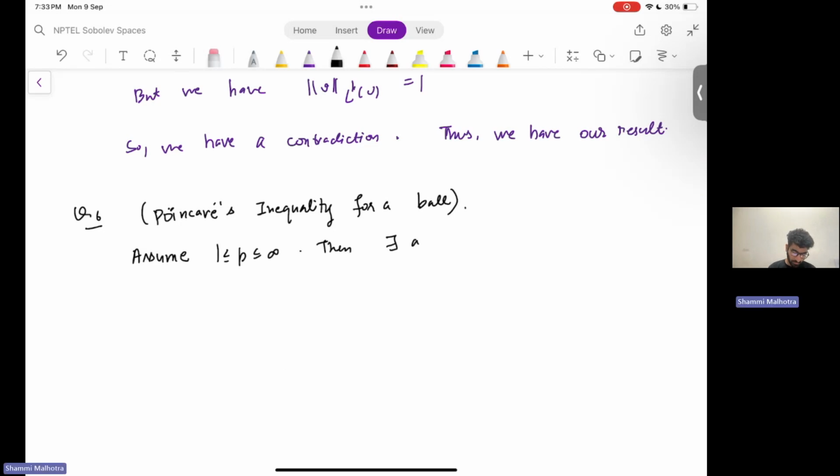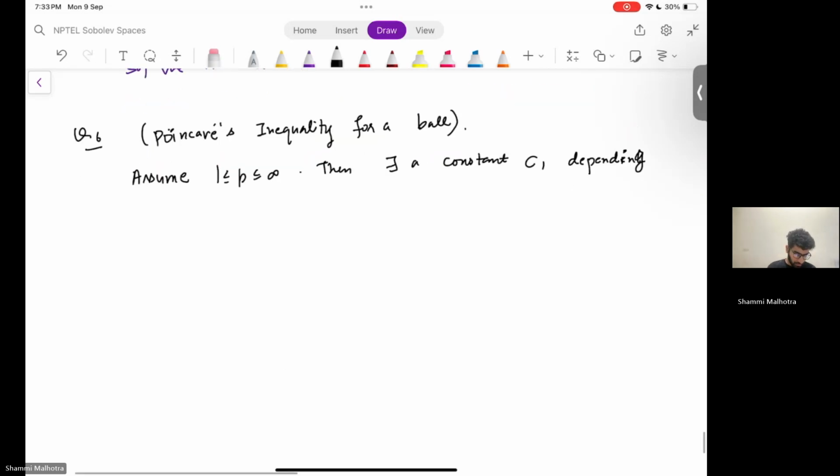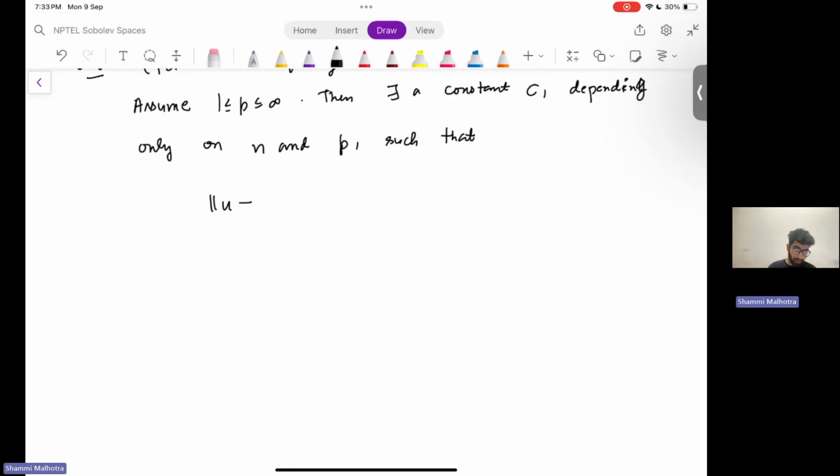Then there exists a constant C depending only on n and p, such that ||u minus u_{x,r}||. So what is u_{x,r}? It is again the average integral over the ball.